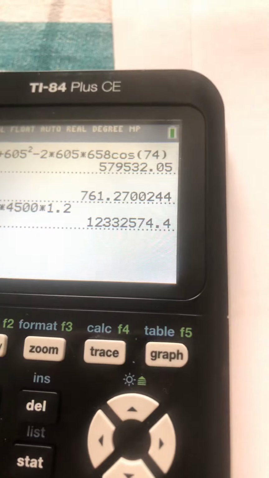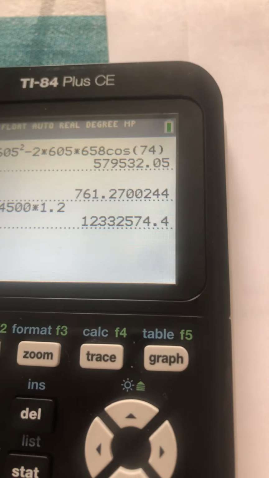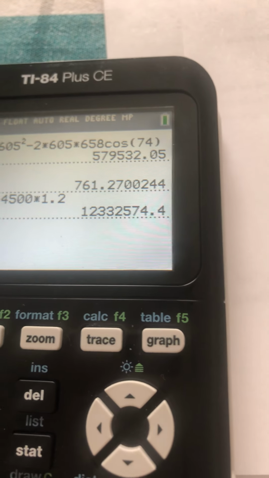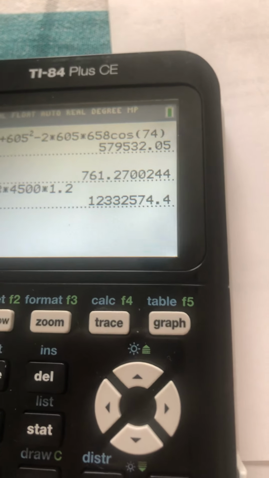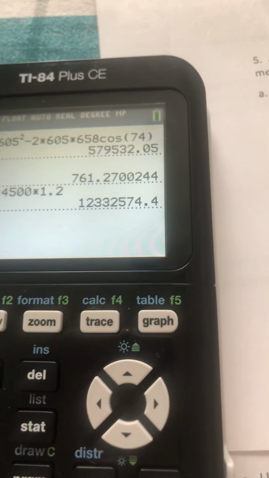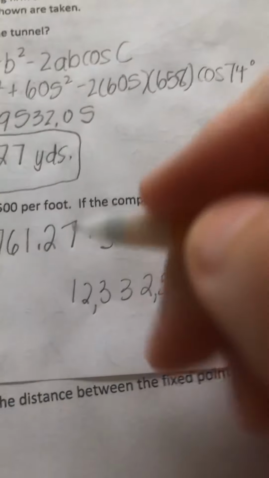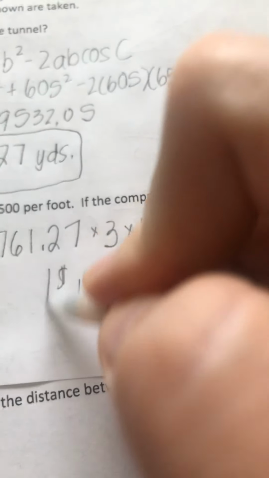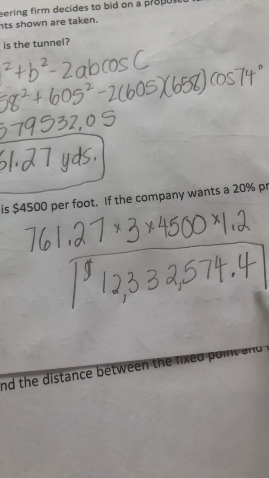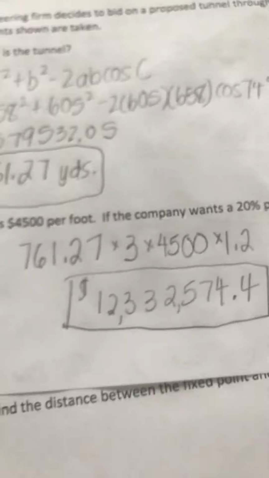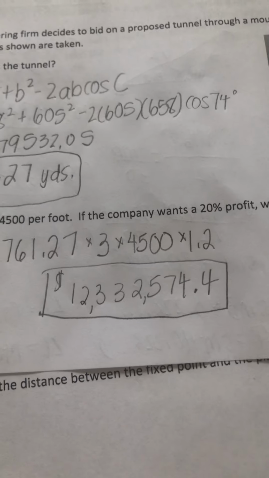So that's their bid amount. So what's that? 12 million. That's the law of cosines, and that's the last lesson before the test.